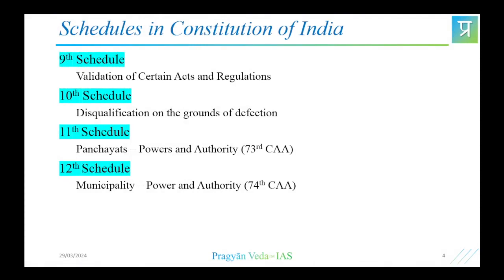Then in the 9th schedule we have the validation of certain acts and regulations. If you remember, there was a judgment like Kesavananda Bharati, certain acts especially coming from the British era like Zamindari acts, where there were possibilities of misinterpreting and exploiting them. Therefore they were put under this schedule so that in future there is no meddling with these acts.